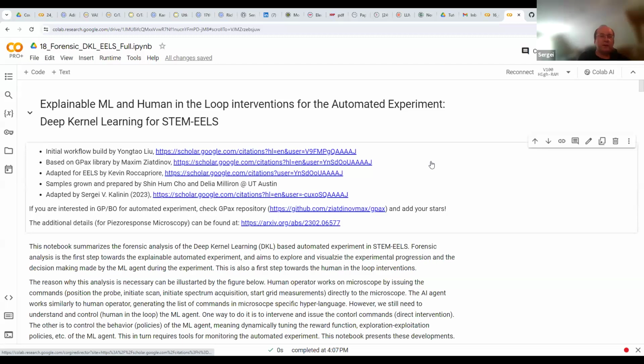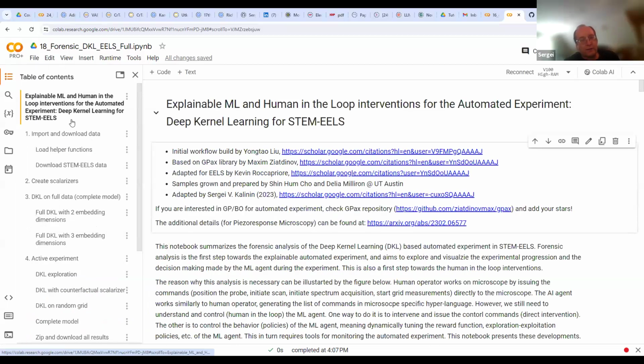And then the final notebook that I want to mention, which you probably have to download from GitHub, because at least it tells me for the time being that it's too large to visualize, is the notebook that realizes the human in the loop interventions. So again, follow the logic.